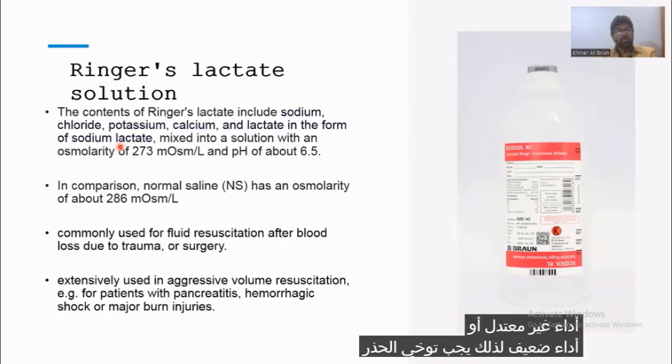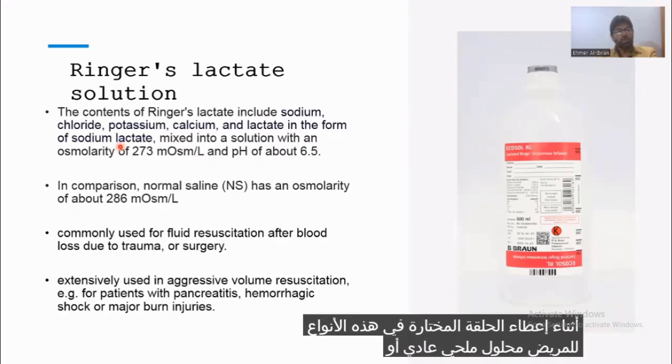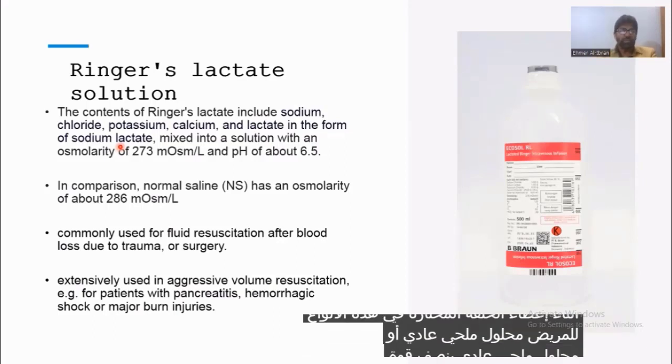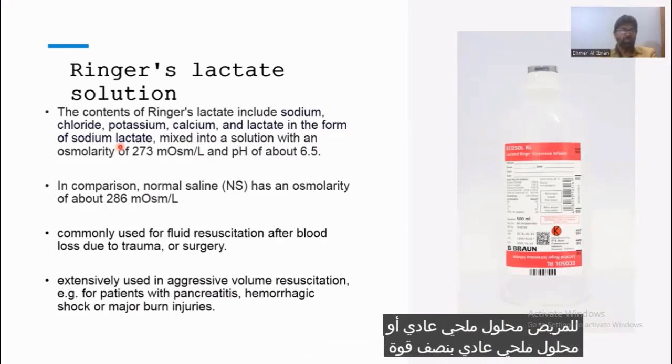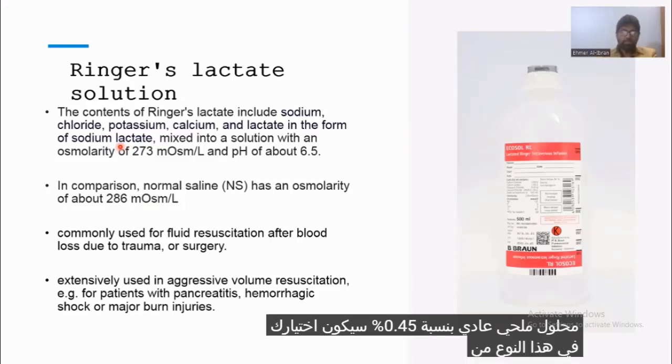So you must be careful while giving ringer lactate in these types of patients. Normal saline or half strength normal saline, 0.45% normal saline, would be your choice in these types of cases.